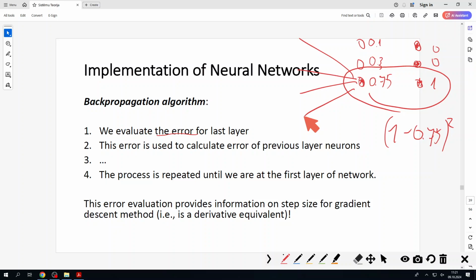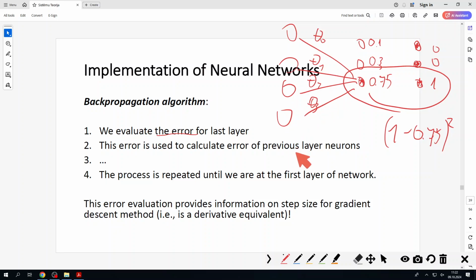That is how it is done, because this error comes actually from all of these neurons having theta 0, theta 1, theta 2, and theta 3. And what we do not know is how much of this error comes from theta 0, how much of this error comes from theta 1, how much of it comes from theta 2, and so on.